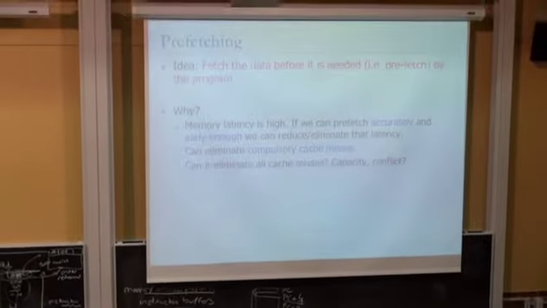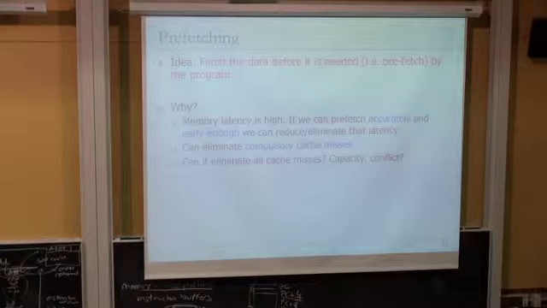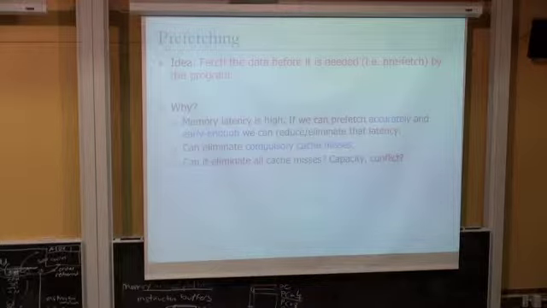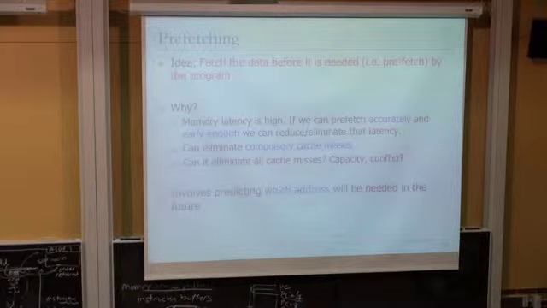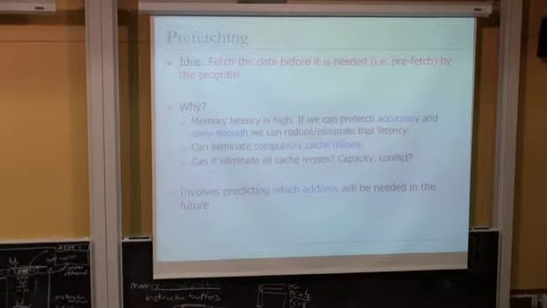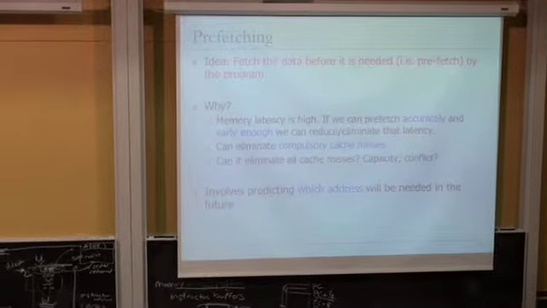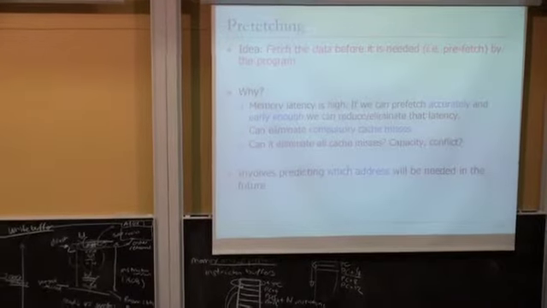So this can actually eliminate all misses also. If you have a capacity miss, doesn't matter, right? As long as your access pattern is regular. And if you know what to prefetch, you can eliminate them, right? Does that make sense, or any questions on this? Okay. So one of the key issues is which address will be needed in the future, right? You cannot probably randomly pick an address. You need to figure out the access pattern.